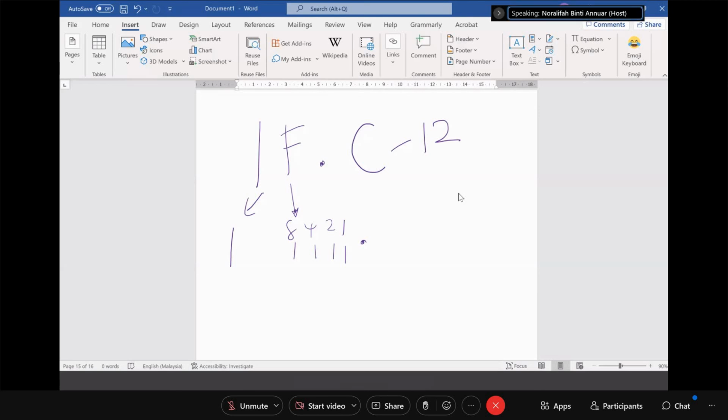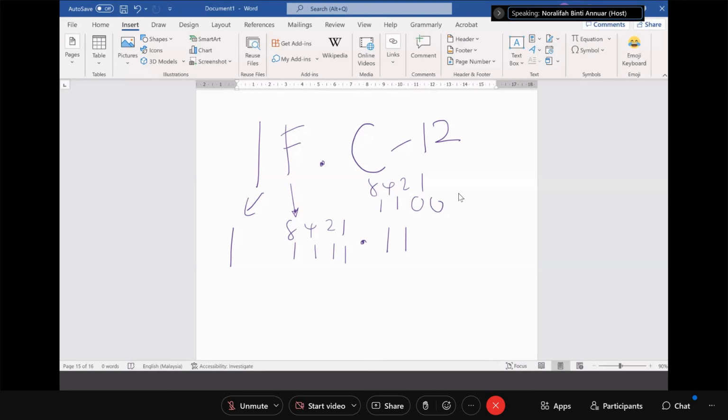What 12? Sama lah C. 1, 2, 4, 8, 1, 1. Dia pusing. So 1, 1. Dan ini untuk hexadecimal little bit slightly straightforward to calculate, unlike binary and decimal just now.